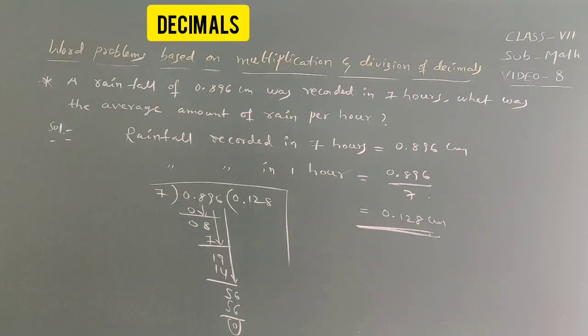In this video, we discussed multiplication and division of decimals in different situations. In addition to that, the small topic of terminating and non-terminating decimals we discussed. Terminating decimals are decimals which have an endpoint.